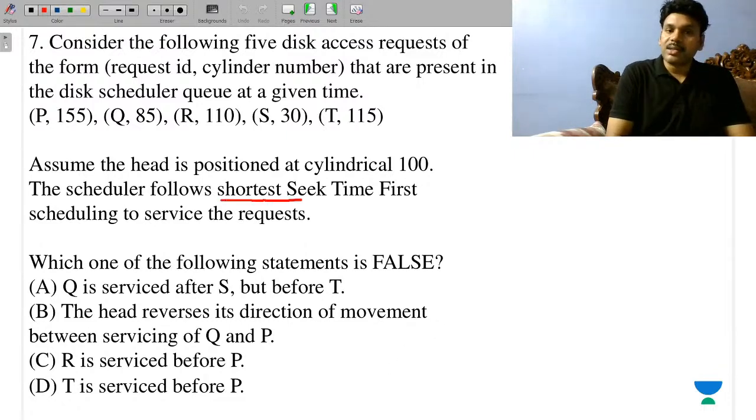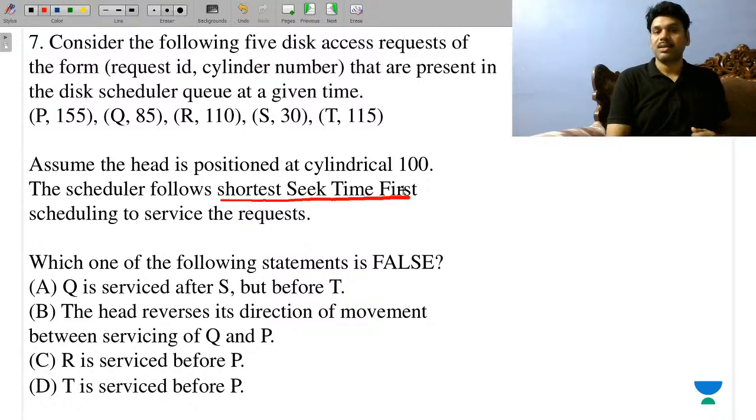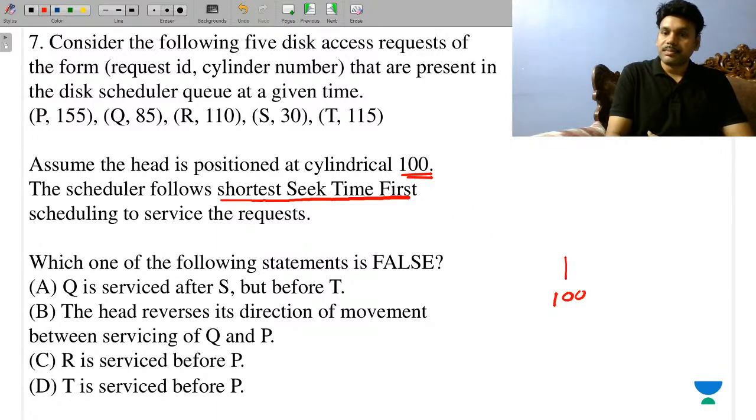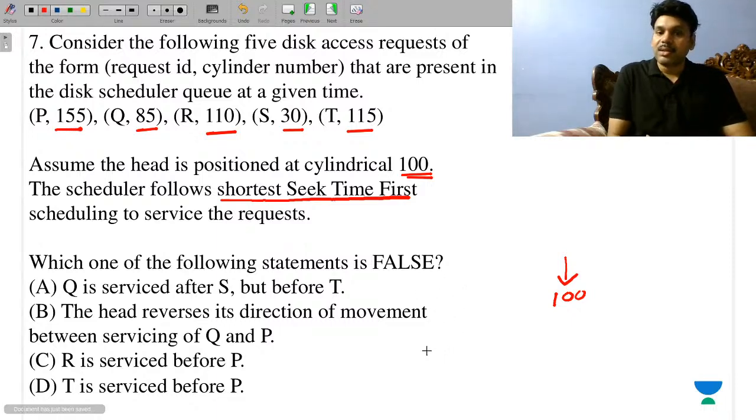We are calling it shortest seek time first. What is shortest seek time first? We know. So initially the cylinder is at 100, and a few requests have come: 155, 85, 110, 30, and 115. Now let me write them in proper order. First we have 30, then 85, lesser than your 100.